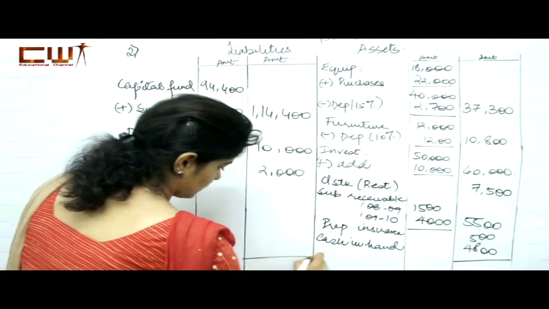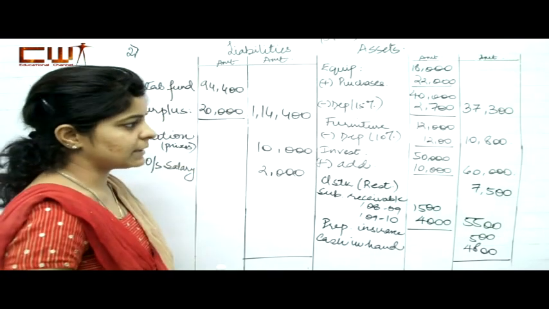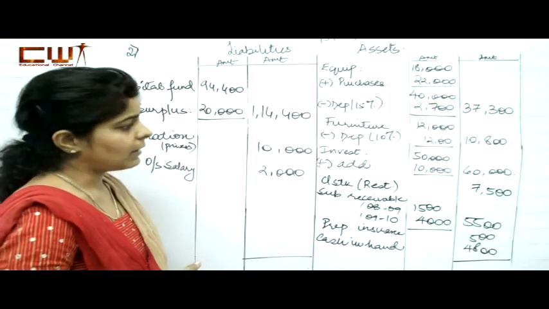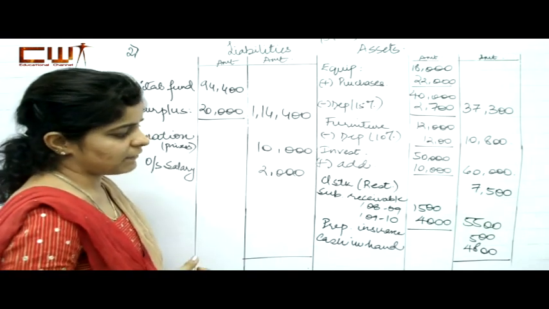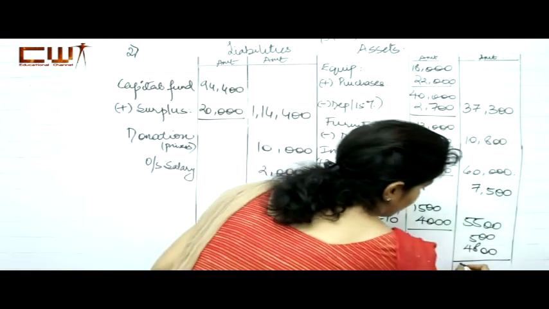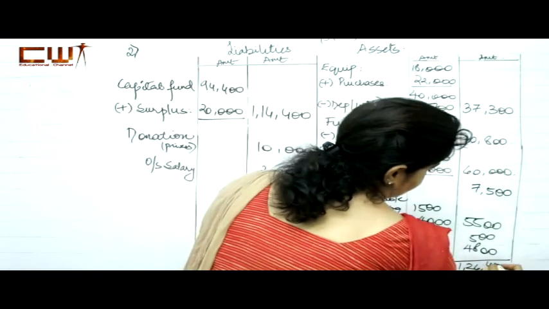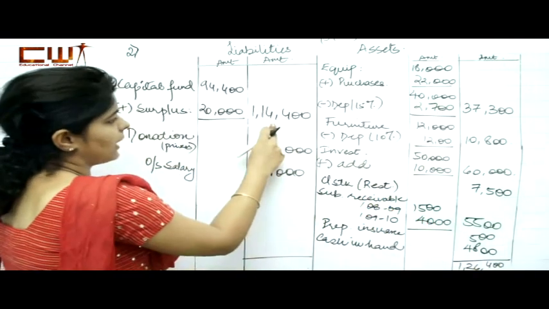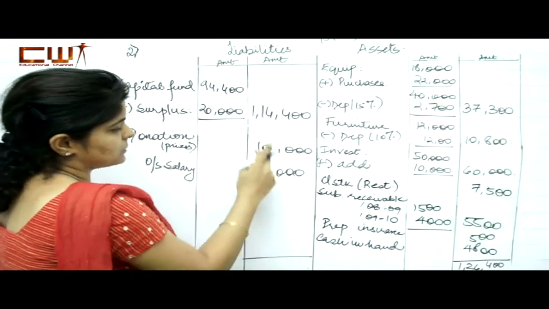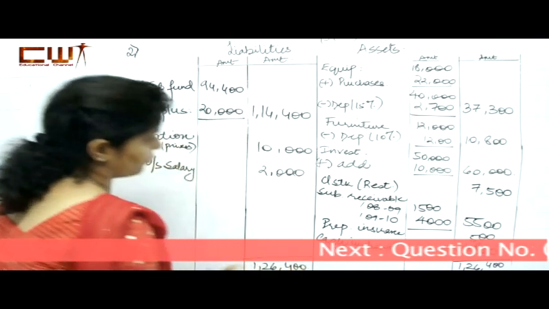Balance it out. Total it out. 37,300 plus 10,800 plus 60,000 plus 7,500 plus 5,500 plus 500 and then again plus 4,800. This will be 1,26,400. Right? 1,14,400 plus 10,000 plus 2,000. This will also be 1,26,400.